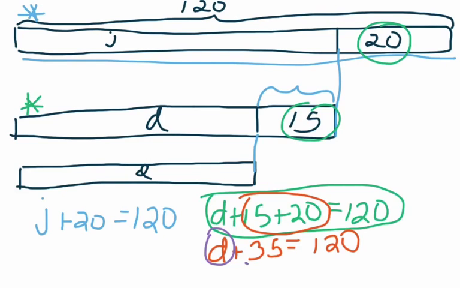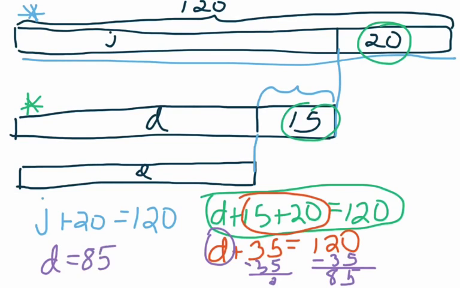So we're going to take 35 away here, and what you do to one side, you have to do to the other. So 120 minus 35 equals 85 pounds. So D equals 85. So how much does Diego weigh? Diego weighs 85 pounds.